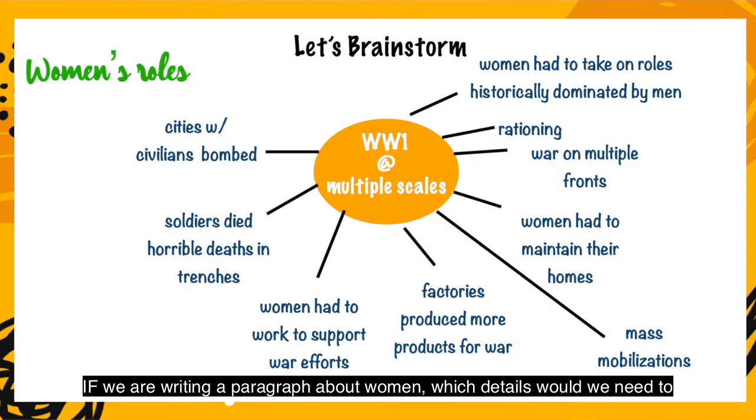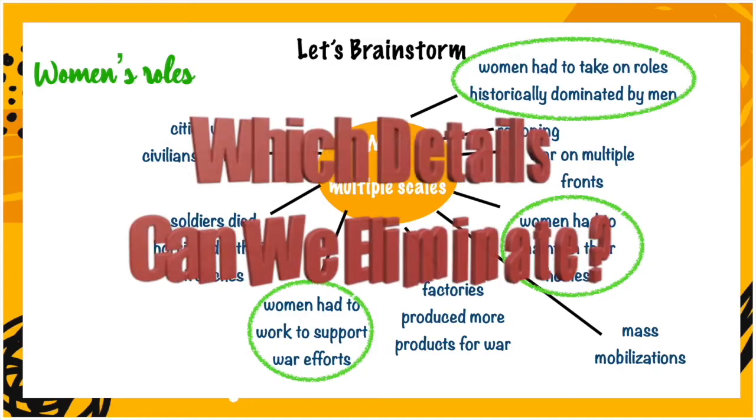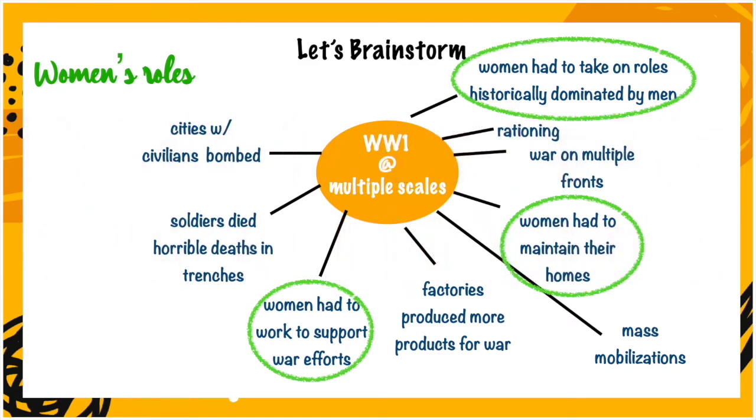So if we're writing a paragraph about women, which details would we need to eliminate? Now let's look for information that doesn't support our topic. We want to eliminate that information because it's irrelevant to our topic, which is women's roles. Cities with civilians were bombed, right? That doesn't really tell us what women were doing. Also, war on multiple fronts doesn't really support what women's roles were.